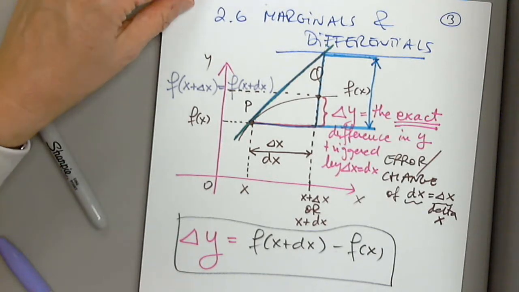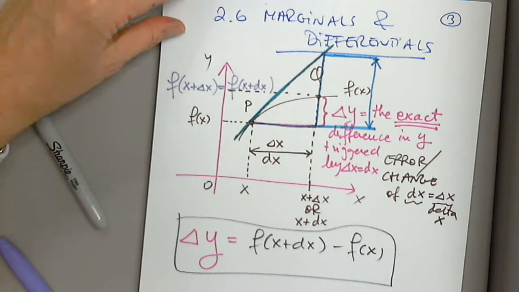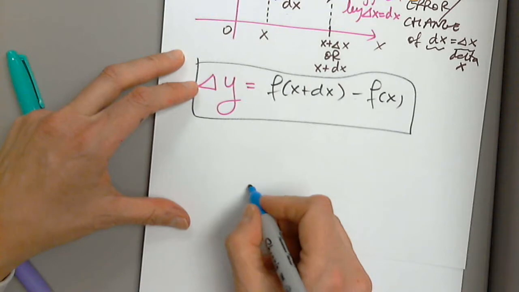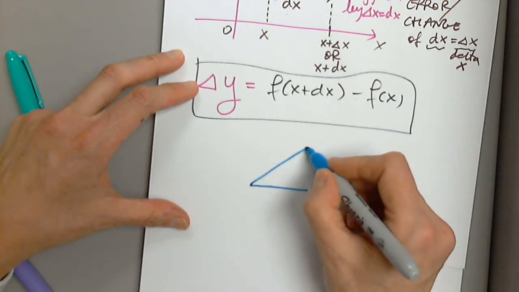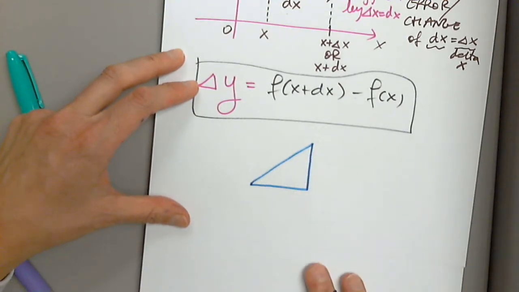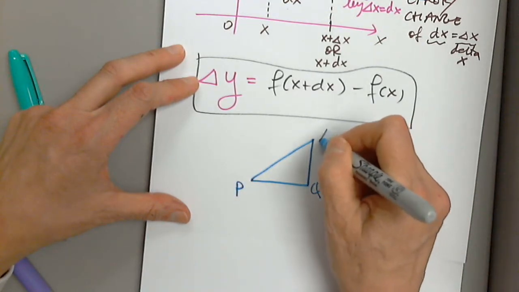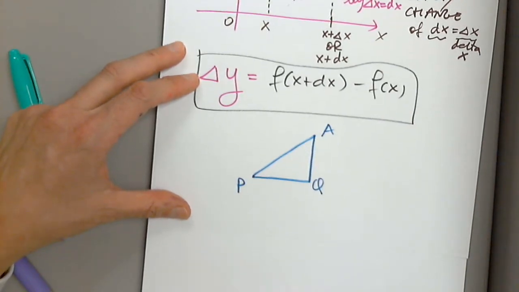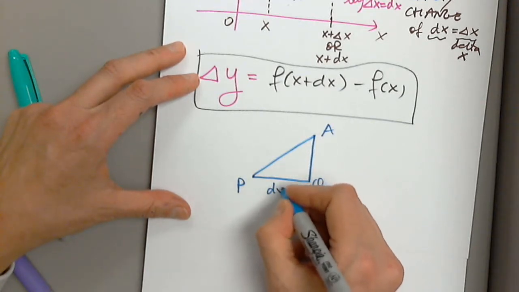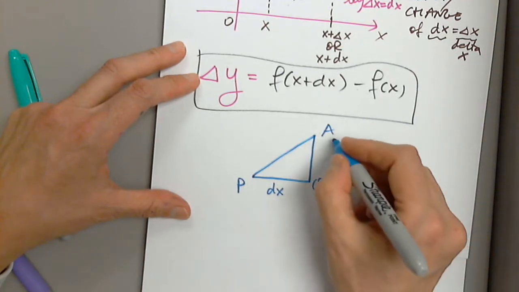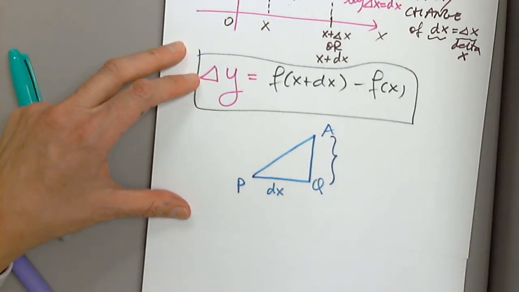Because I have already so many different things in there, I'm going to take that aside. So then we have this. This is Q, this is P, this is, I don't know, A, if you want. This is indeed dx, or delta x. This will have a name in a moment.